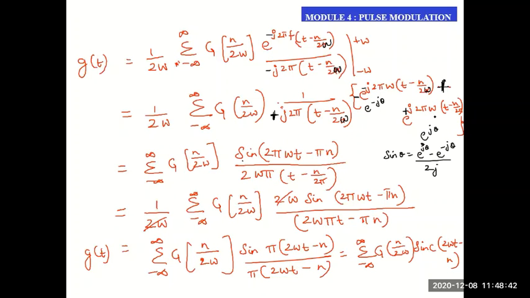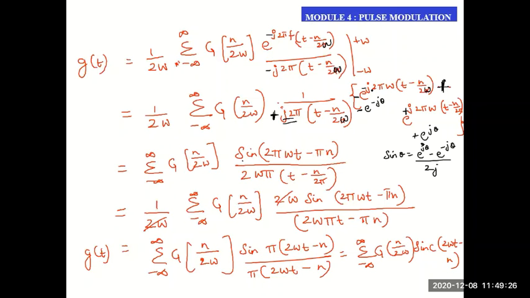This whole term inside is e power plus j theta minus e power minus j theta divided by this factor 2j. That becomes sine. Now I'm just multiplying the terms, j will be kept out anyway. This is only sine theta, right? So sine of 2 pi wt first term minus 2 pi w into n by 2w. So 2w, 2w cancels. I'll get pi n. Correct?